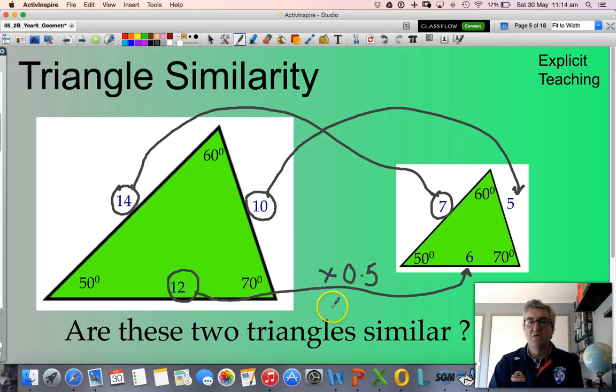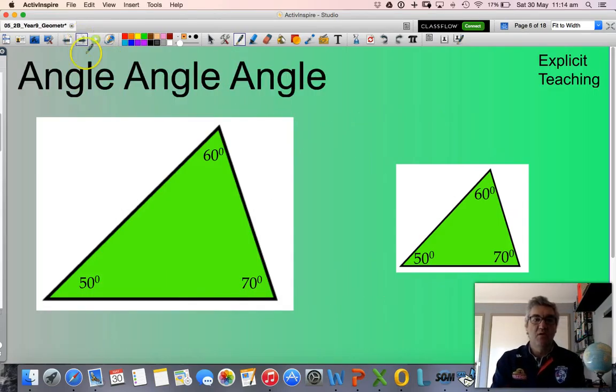Okay, we'll just move on to the next slide, and what we're going to do is consider the different rules that we can use to identify when triangles are similar. The first rule is when I consider the angle, angle, angle.